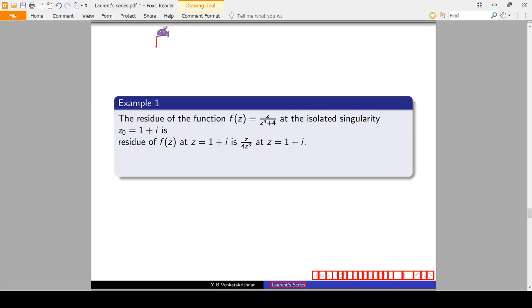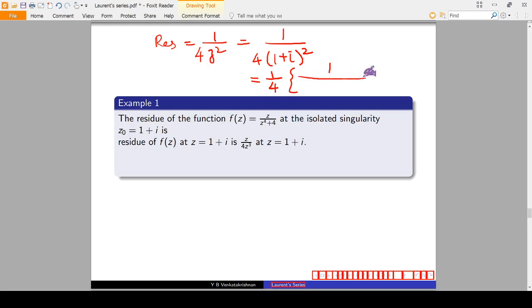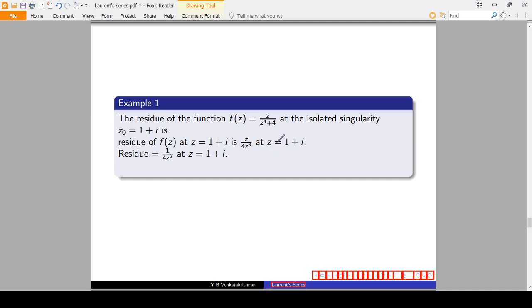So I will have residue as 1 by 4z square, which will be 1 by 4 into 1 plus i the whole square. I have to expand this: 1 plus 2i minus 1, since i squared will be minus 1. So plus 1 and minus 1 get cancelled, giving you the answer 1 by 8i. So the residue will be 1 by 8i.